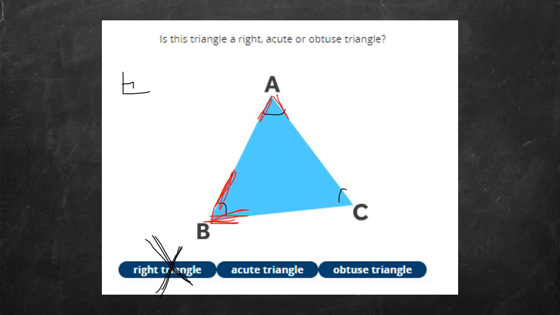Angle A forms an acute angle, and angle C forms an acute angle. And an acute triangle must have three angles that are acute. All the angles have to be acute. So I know that this is an acute triangle, and it's not an obtuse triangle or a right triangle.